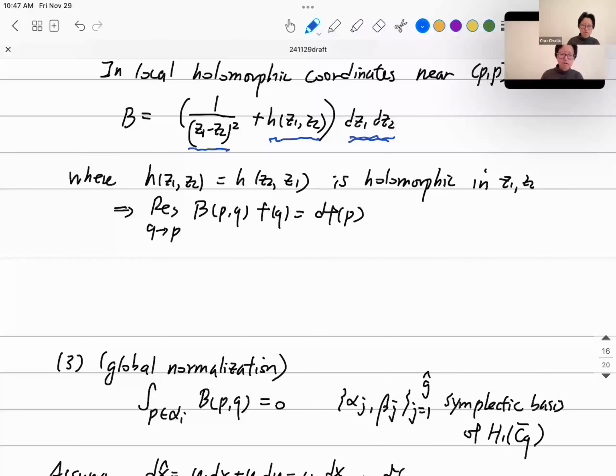So this normalization depends on our choice of symplectic basis. Actually, it only depends on the span of the alpha_j, so it depends on a choice of Lagrangian subspace.